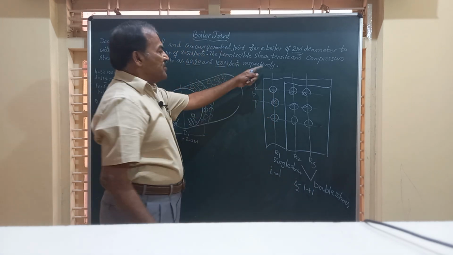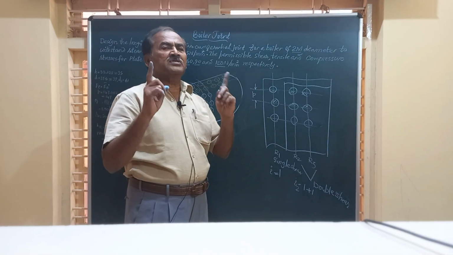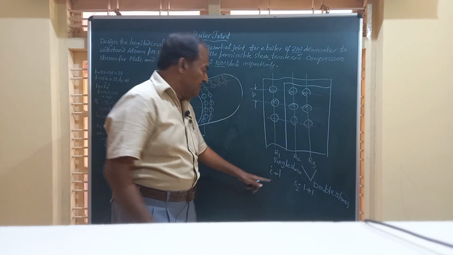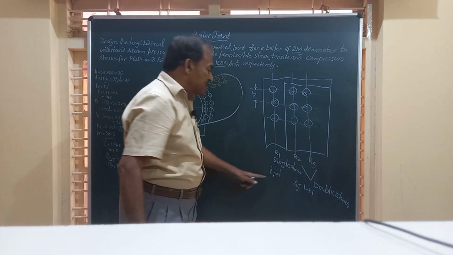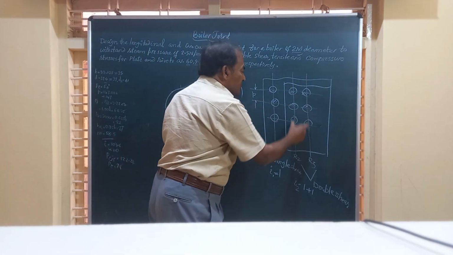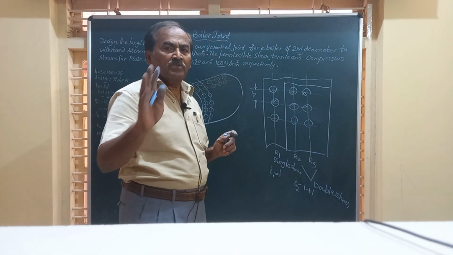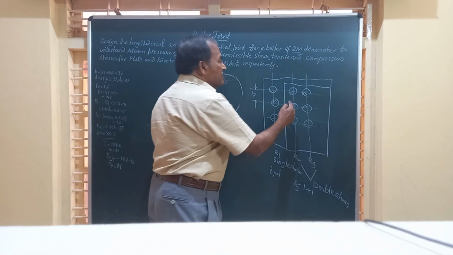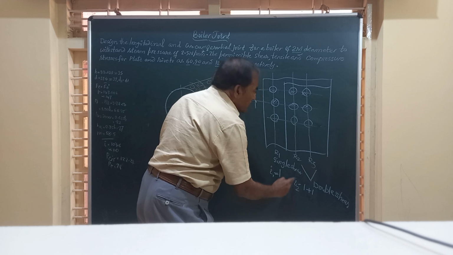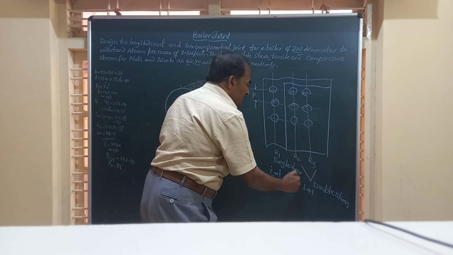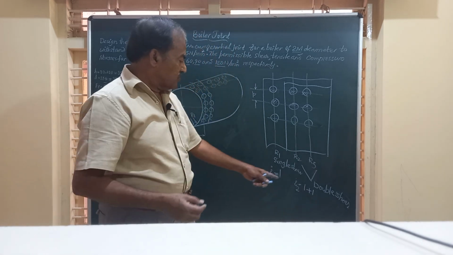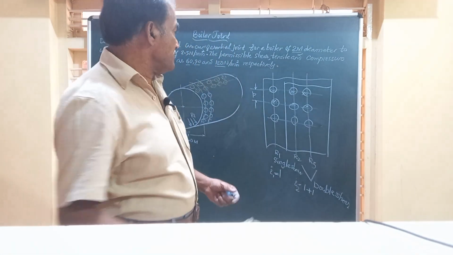That is the first row of rivets failing by single shear, and the number of rivets I1 failing by single shear is 1. Whereas these 2 rows of rivets undergo double shear, and the number of rivets failing by double shear is represented by I2, that is half of 1, half of 1, 2 there and 1 here.